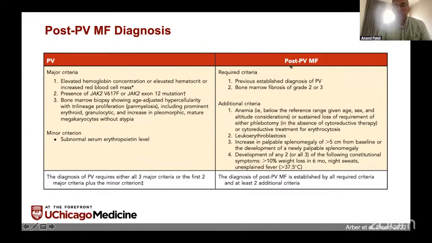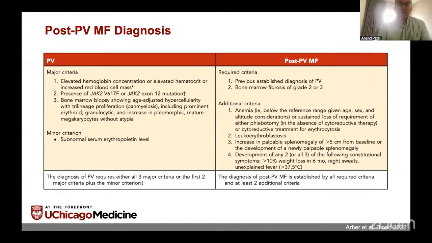Now, for patients with post-PV myelofibrosis, the big criteria are that they need to have an established diagnosis of PV and a bone marrow biopsy that shows grade 2 or grade 3 fibrosis. One of the major takeaways I'd like for you all to have today is that it is absolutely essential, in my mind, to get a bone marrow biopsy at the time of diagnosis or suspicion of an MPN, because that gives us the starting point of how much fibrosis is there and what other abnormalities we are seeing.